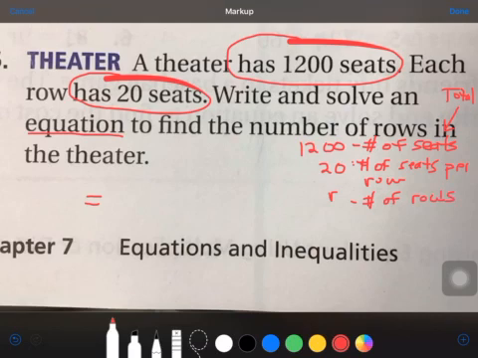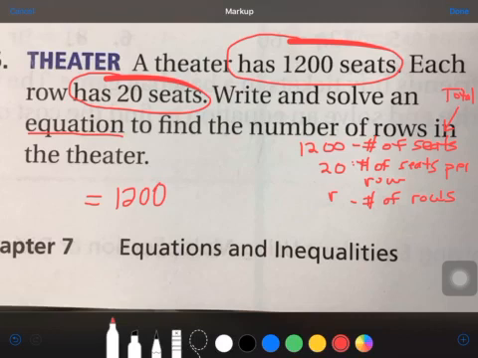Okay, so find the number of rows in the theater. A theater has 1,200 total seats, right? So even though it doesn't say total, I know that that's the total amount. So I'm going to put my 1,200 over here like it's a total. And then I know that each row has 20 seats.